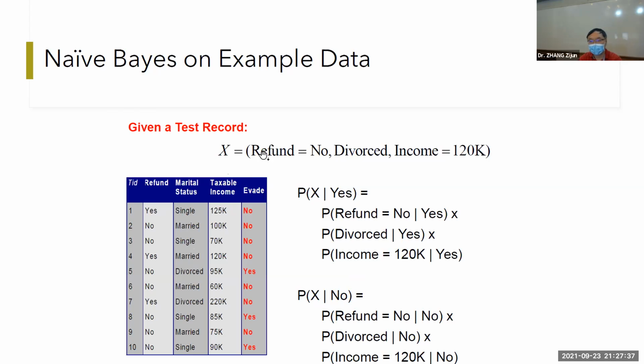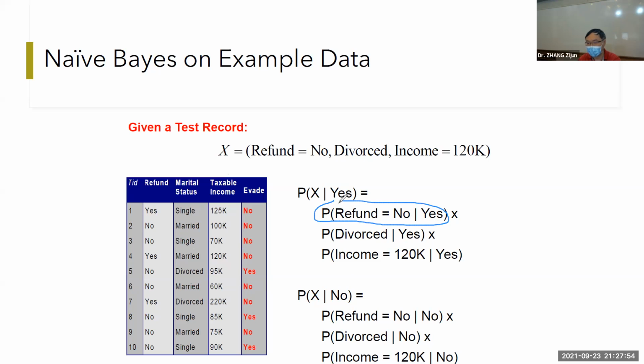Here we're using this example. Given a test record x with refund equal to no, marital status equal to divorced, income equal to 120K, the likelihood will be decomposed into 3 terms.